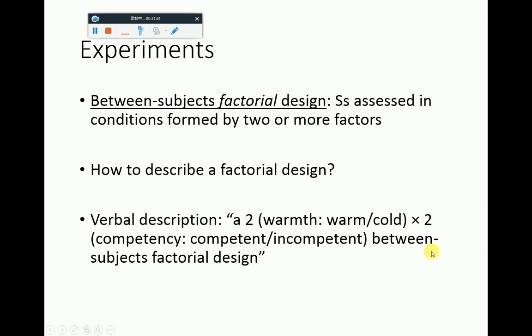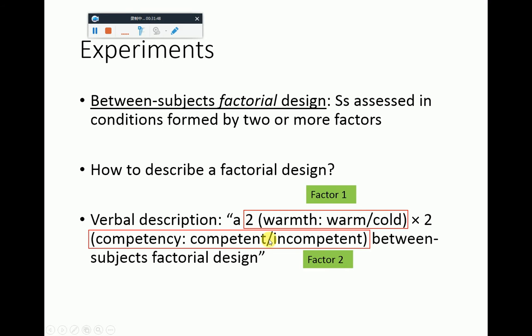So that is consistent with our schematic representation of this design. The first two here represents the number of conditions. First of all, this whole thing, 2 parentheses warmth, warm slash cold, represents our first factor. We call it warmth. So warmth is the name for our first factor, and it has two conditions, warm or cold.